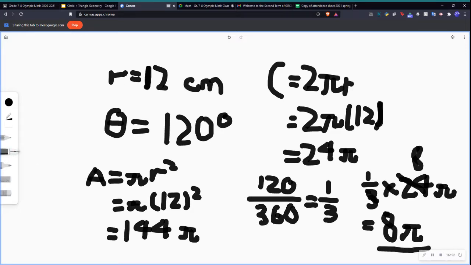I'll use a thinner pencil to get our sector area. It's going to give us some more space. So sector area is a similar thing. We need to calculate the fraction. Well, we already did that. It's just 1/3. So if arc length was 1/3 of the circumference, that means the sector area is 1/3 of the area of the circle. To get sector area, we multiply 1/3 by the area, which is 144 pi.